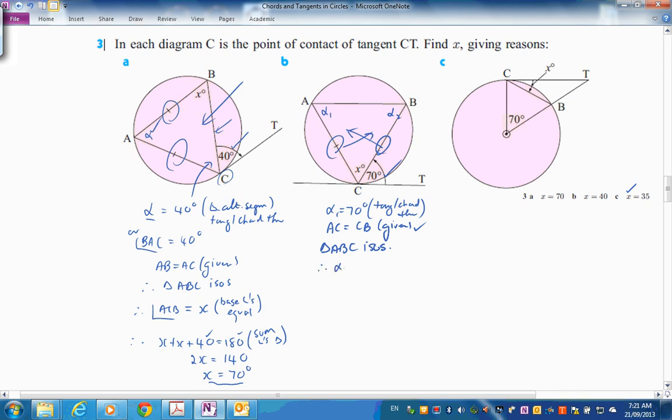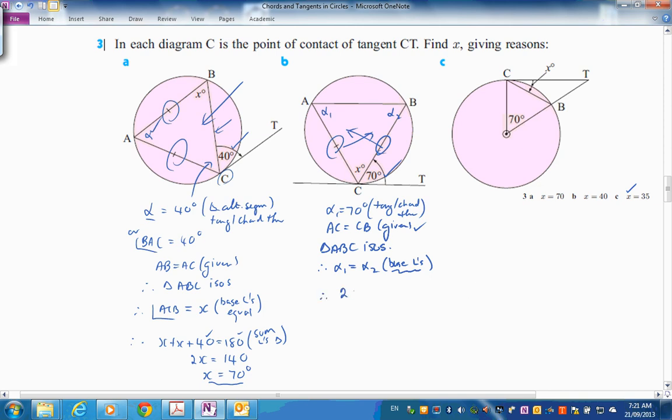Therefore, we can say alpha 1 equals alpha 2, base angles. That will do. Base angles, isosceles triangle. That's all you have to do, is point the reader or the marker to the theorem with a clear enough statement to uniquely define the theorem you're looking at. Okay, so alpha 1 equals alpha 2.